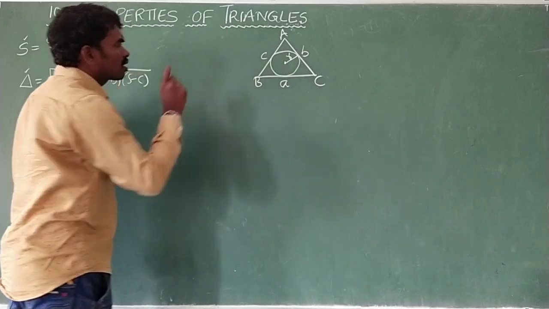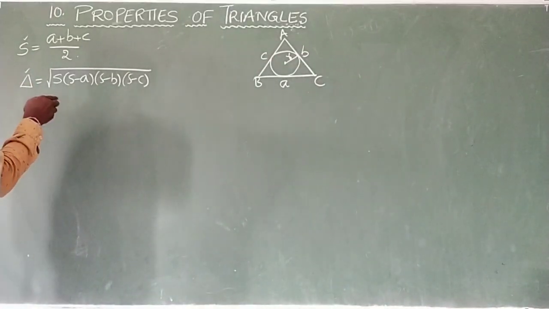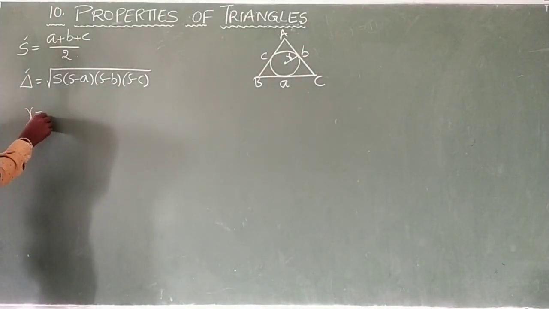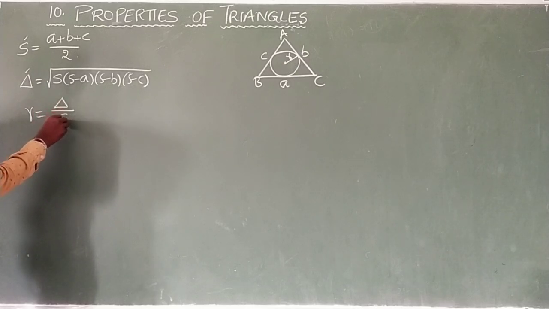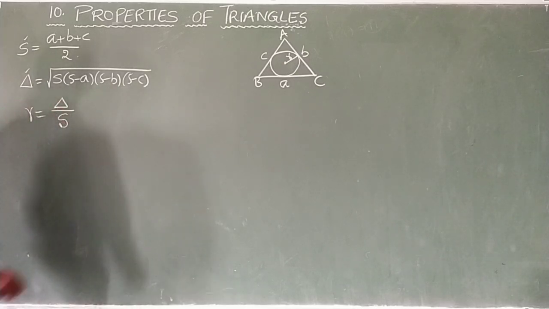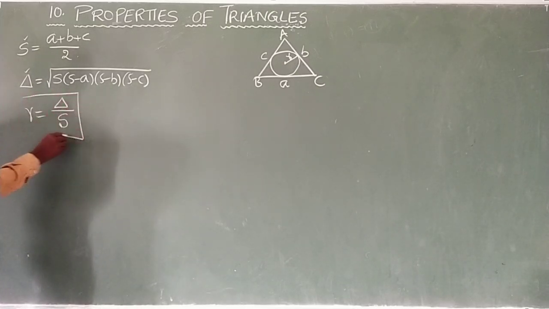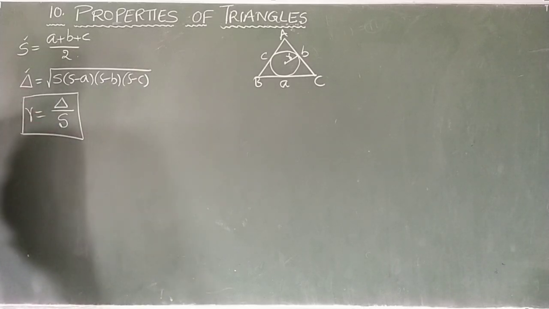Now the relation among small r, delta and S is small r equals delta by S. You must remember these formulas. Small r equals delta by S.